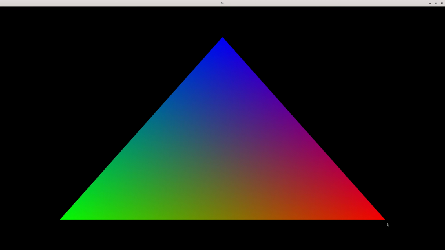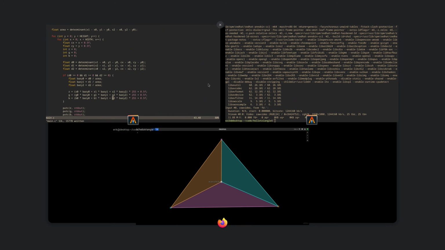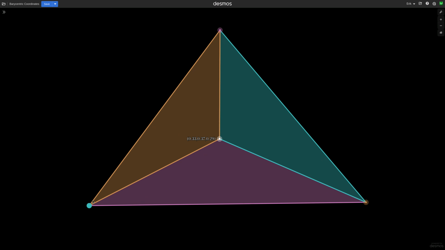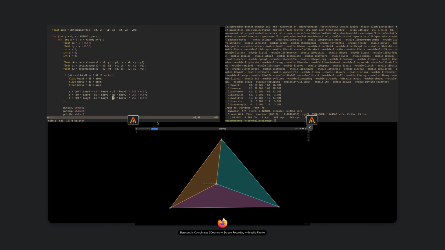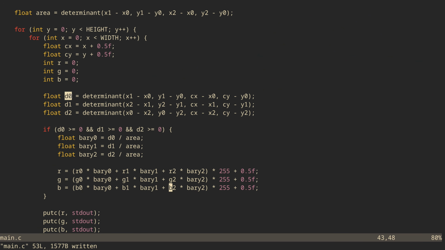That looks good, but it's not quite correct because we were saying that red was here, green was here. And so that's because for V0, we want to look at the triangle here, which involves V1 and V2. And here, just the naming was off.